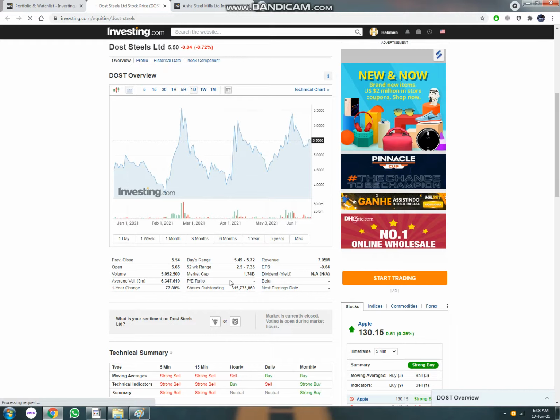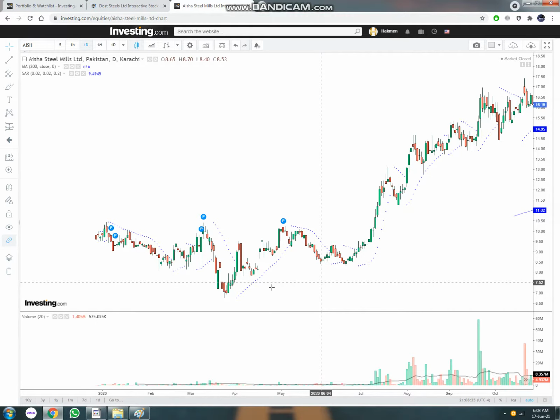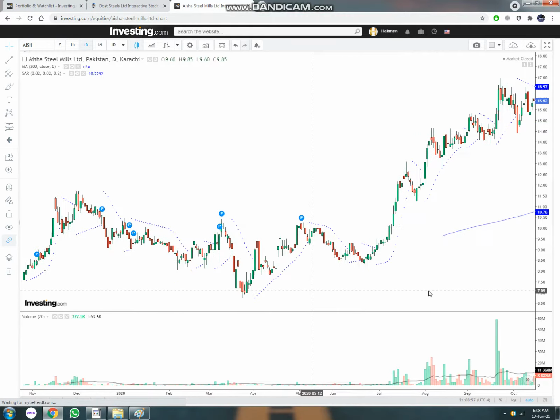Right here it doesn't show any PE ratio, so I'm not going to bother with the PE ratio, as I have my own method of recognizing the value of certain stocks.